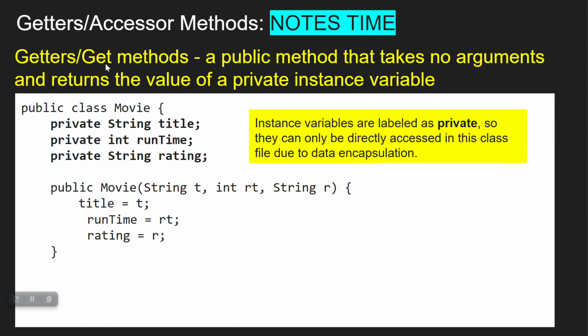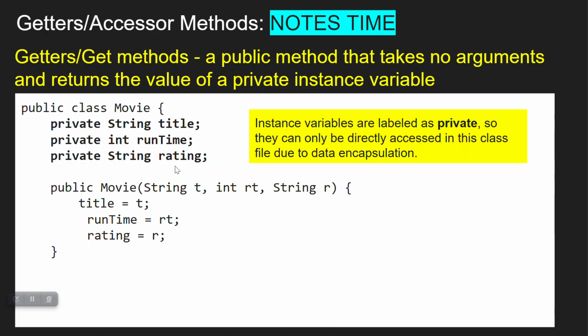So a getter, or get method, is a public method that takes no arguments and returns the value of a private instance variable. You'll remember from our previous lesson, there's this concept called data encapsulation, which basically means some of our data we want to keep private, and some of it we want to make public. If it's private, that means it's only accessible within that class file.